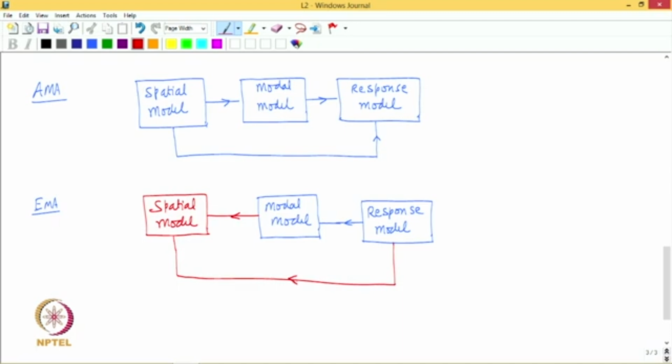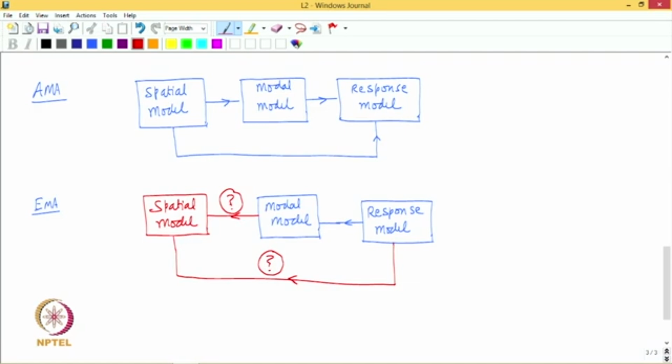But as we will see later, practically it is not feasible to obtain the spatial model from either the modal or response model, right. There are practical difficulties because of which the spatial model cannot be easily obtained, because of the incompleteness of the data we obtain from measurement.